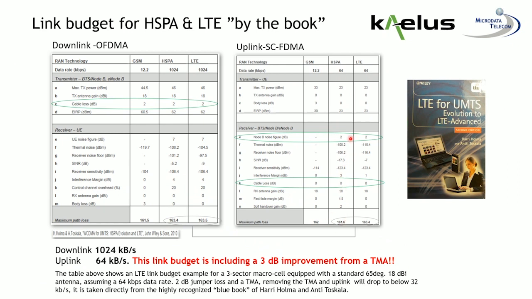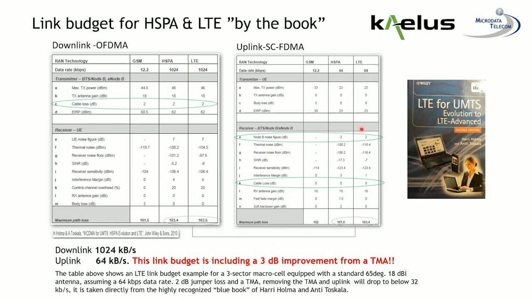So with the 3 dB roughly of improvement from a TMA, the uplink at 64 kilobits is still 2 dB short on HSPA and barely reaches balance on LTE. This is quite interesting to see, that they match with 64 kilobits a 1 megabit downlink with the TMA.